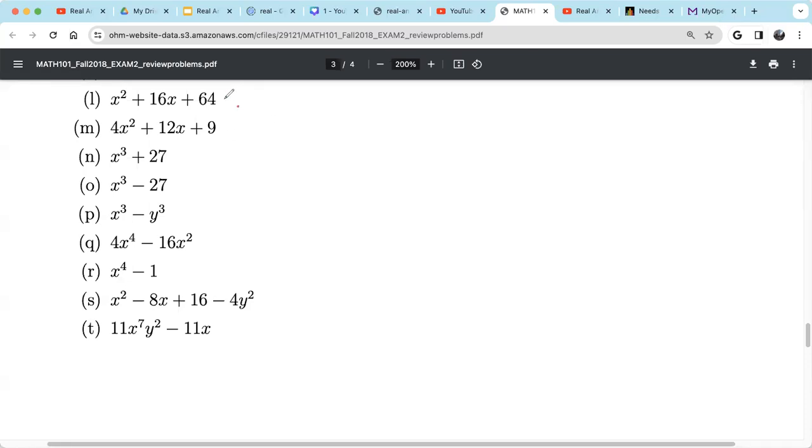Let's see, l. So 64 is 8 squared, right? 16 is 2 times 8. So we see this is a perfect square. This is x plus 8 squared.